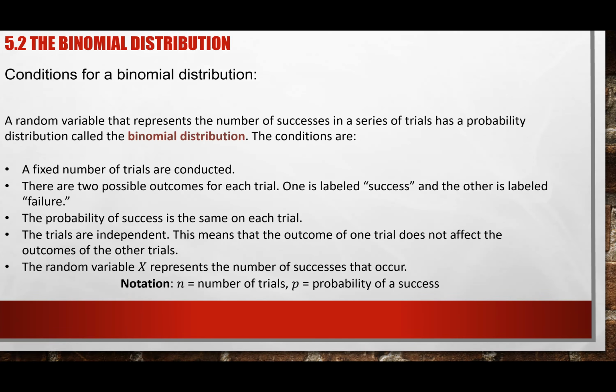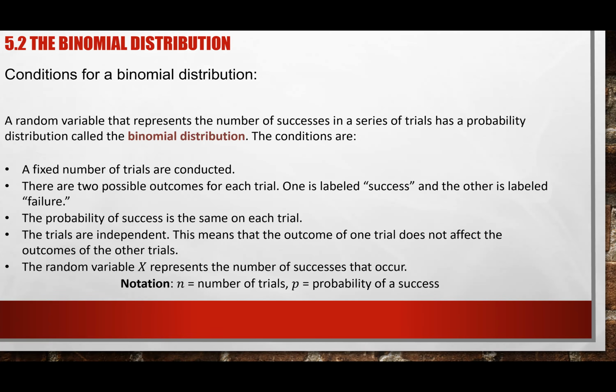For the true and false question, the probability of success is 0.5, because the probability you answer the question right is 50%. If it's a 4-choice multiple choice question, the probability of success will be 0.25, because it's 1 out of 4, so 25%. That's the idea.